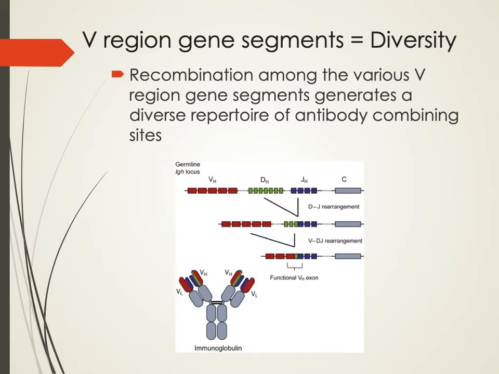So you can see in this figure, which is not from your textbook, but it nicely demonstrates how that variable region ends up being made up by these different gene segments. And the variable region of both the light chain and the heavy chain contribute greatly to what ends up making up the variable region of the immunoglobulin.